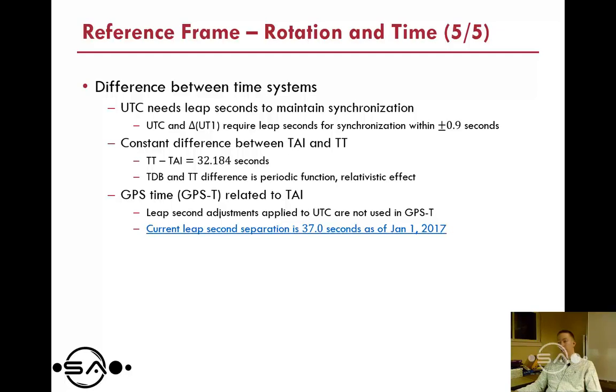But for GPS time related to international atomic time, the leap second adjustments applied to universal coordinated time are not used in GPS time. So we have some leap second separation. And the current leap second separation is 37 seconds as of January 1st, 2017. And that link is to the U.S. Naval Observatory's tracking of the leap second separation between International Atomic Time, UTC, and GPS.